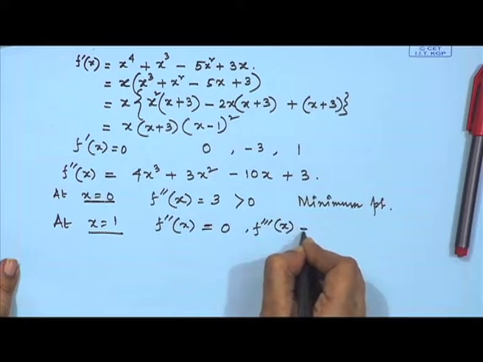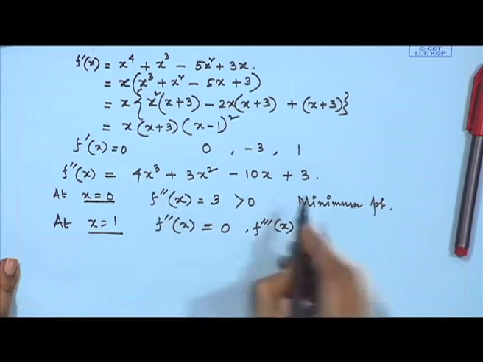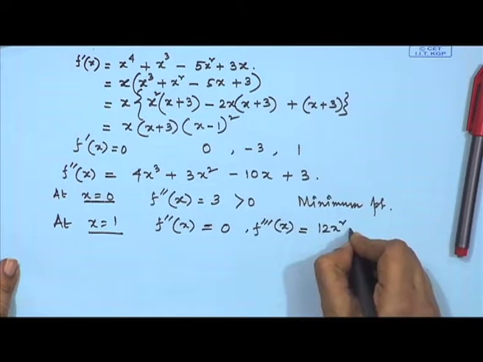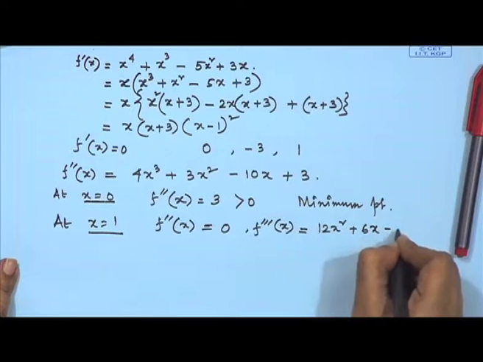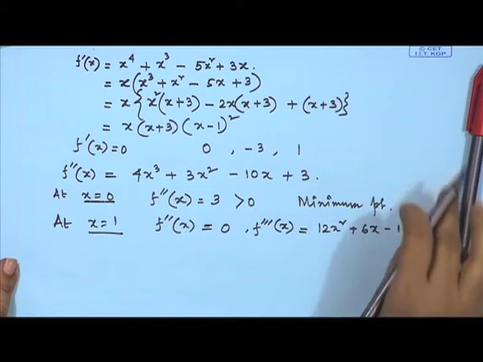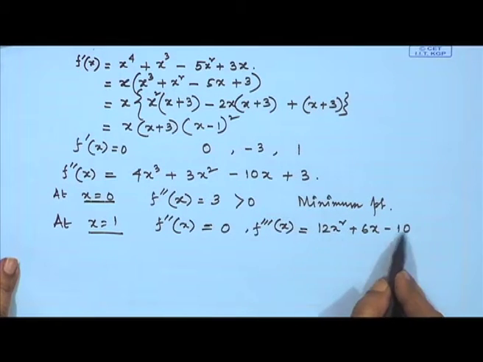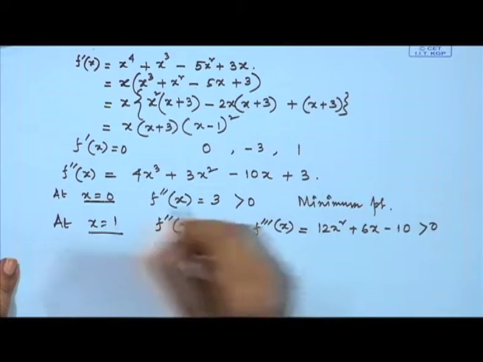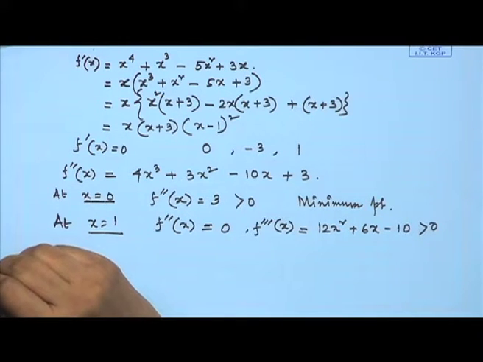Now, the third order derivative is 12x square plus 6x minus 10. At x equal to 1, this value is 12 plus 6 minus 10, that is 8, that must be positive.